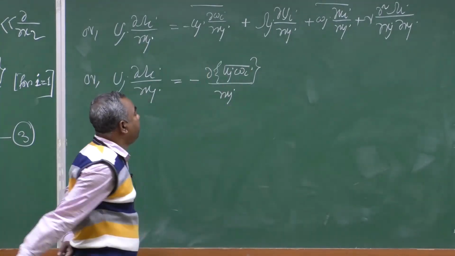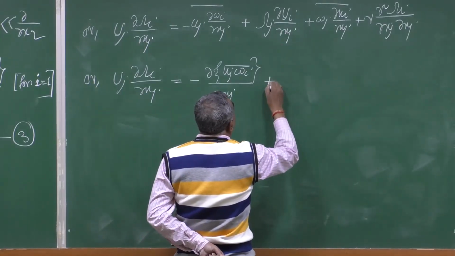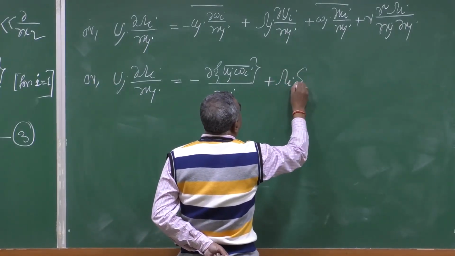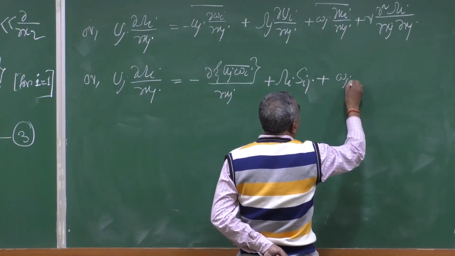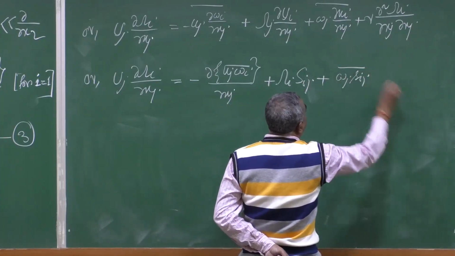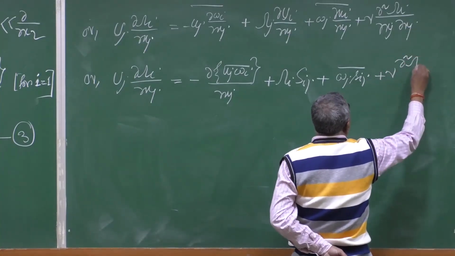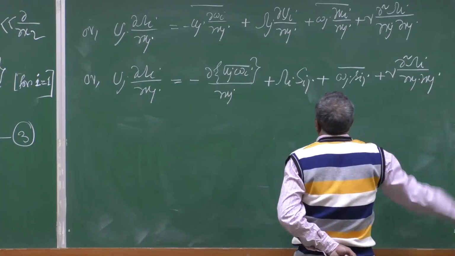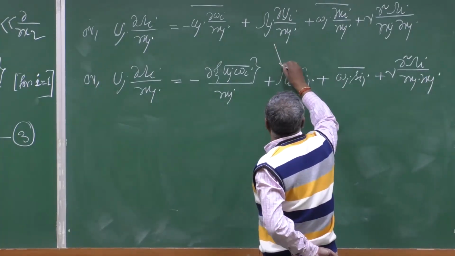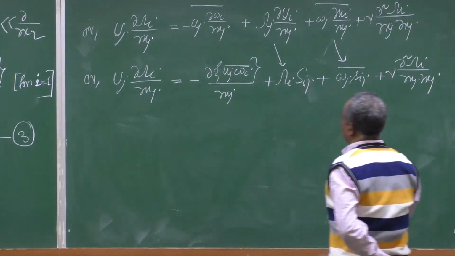This term we can write as capital S I j, and this particular term can be written as omega j small s I j bar, plus nu del 2 omega I del x j del x j. Now, why this becomes this and this becomes this, let me explain.